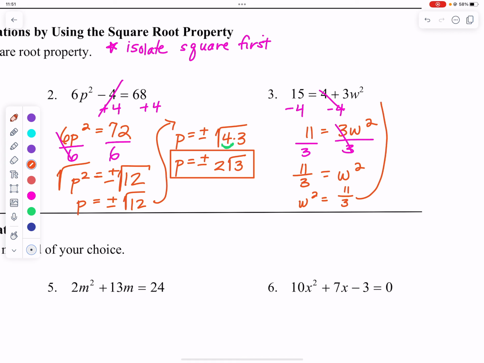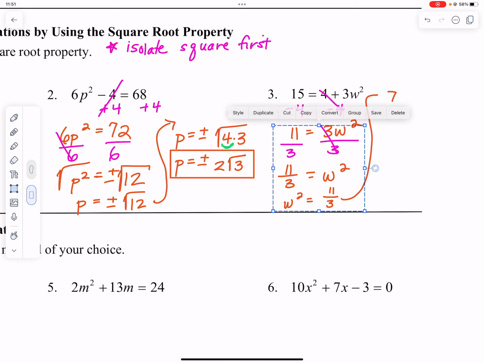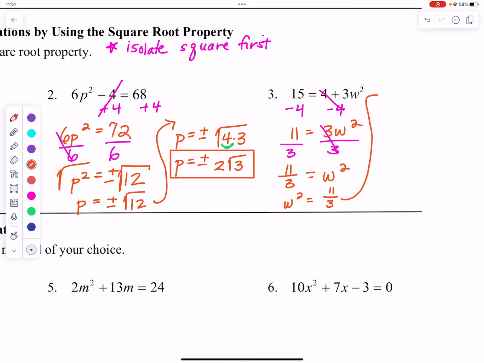So now let's go ahead and find, see if I can move that over just a bit. Okay, so remember, we have w equals plus or minus the square root of 11 thirds. But we will need to rationalize that denominator. That actually says plus or minus the square root of 11 over the square root of 3. And we can't leave that square root of 3 in the denominator.